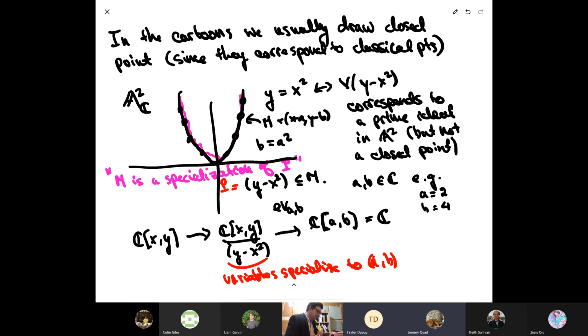Sometimes there are theorems that say things hold on an open set. Or you have a function, and the function can only get smaller as you specialize, or only get larger as you specialize. So sometimes you can prove things about dimension at the generic point, and it tells you information about the special or closed point.